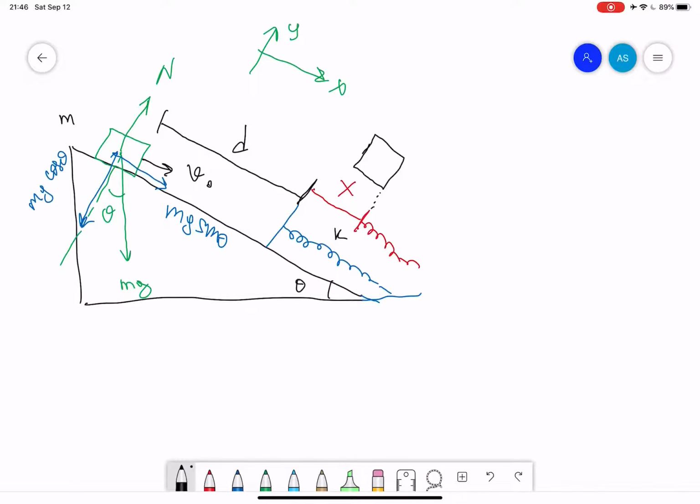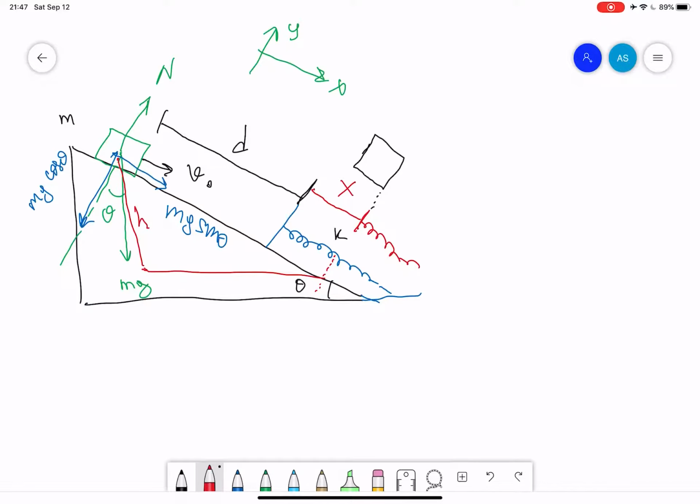So let's write down how much energy we have in the initial position and also in the final position. Since the box is at a certain height, and when it is compressed, this is the height, so this will be our h.